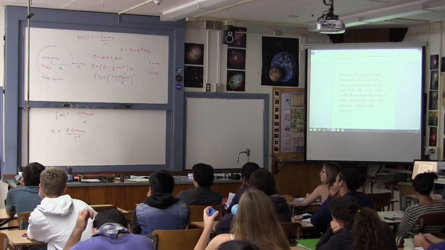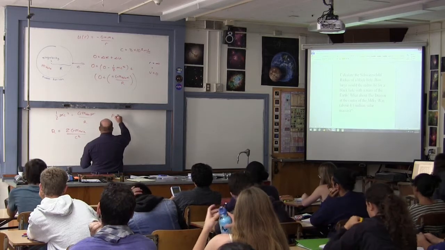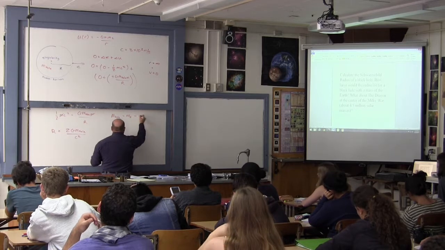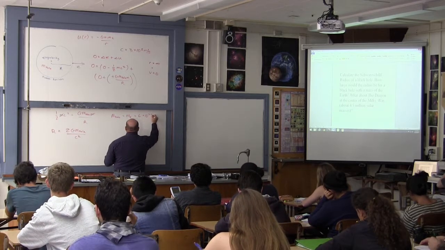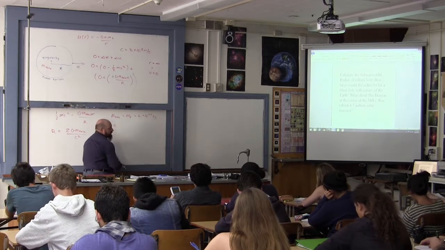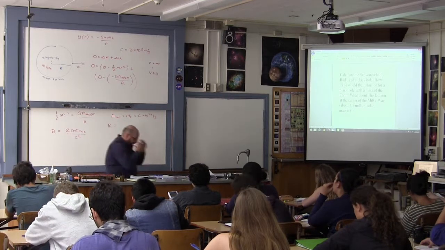Well, in that particular case, we would set the mass of the black hole equal to the mass of the Earth, which is 6 times 10 to the 24 kilograms. Then the Schwarzschild radius, capital R, would be equal to the following distance in terms of meters.